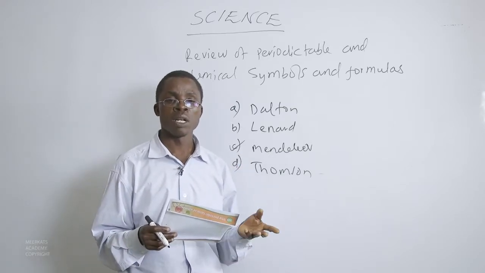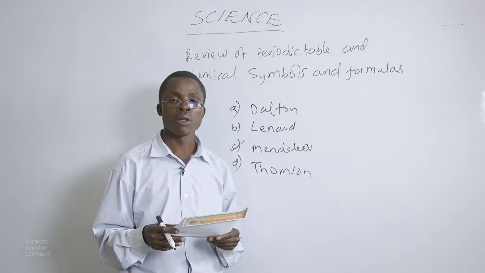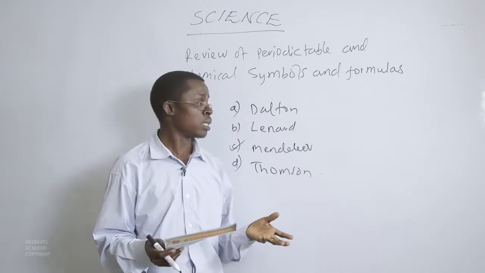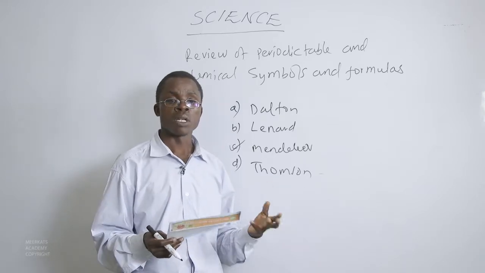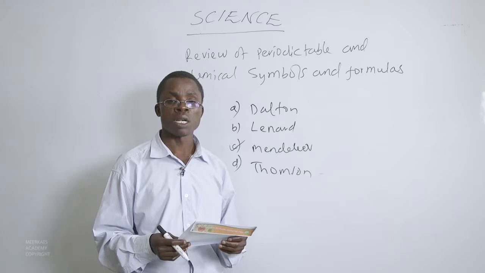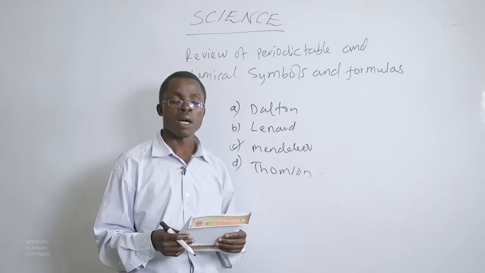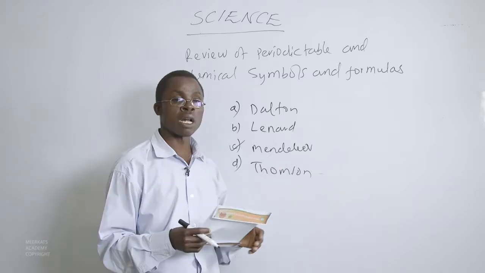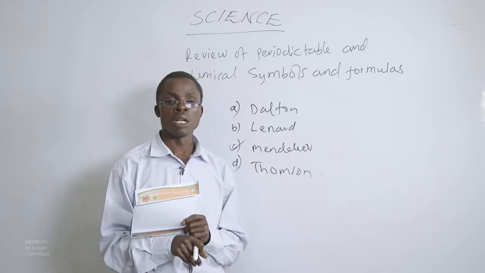You find there are two elements that have the same mass, but if you check the number of protons, they are different. Protons are different, but masses are the same. Such elements are called isotopes. And having isotopes, without his knowledge, obviously he had a rough time arranging those elements.